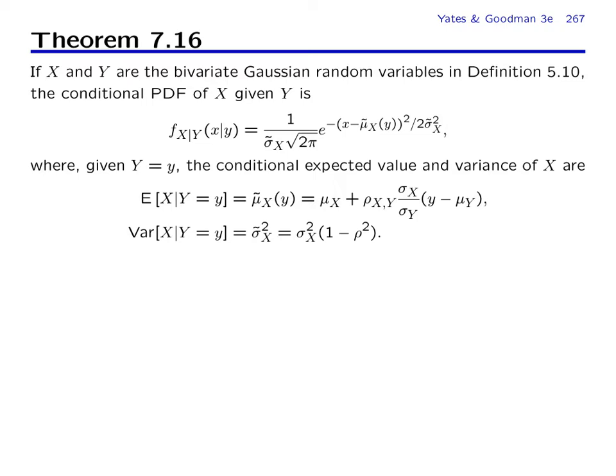If instead you condition on the value of y, you get exactly the same formulas for conditional PDF, conditional expected value, and conditional variance of x. We see that x has a Gaussian PDF with conditional expected value mu tilde x and conditional variance sigma tilde squared of x.